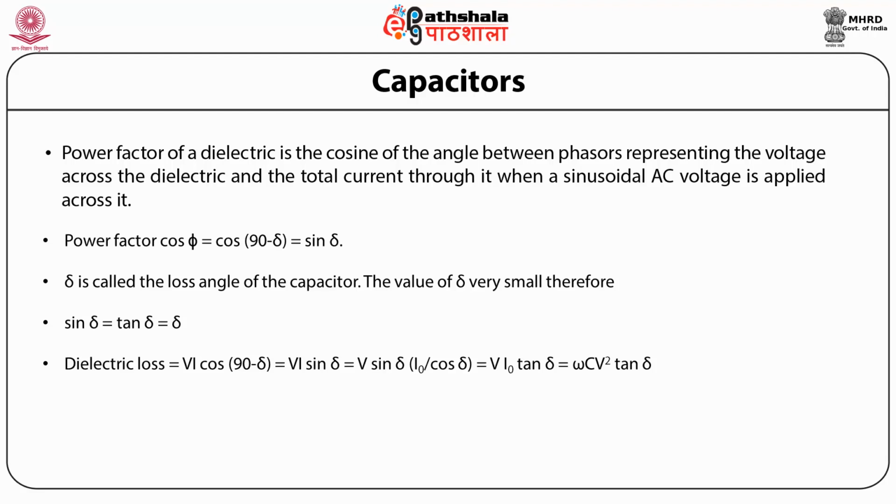Thus, the final term for the dielectric loss is given by omega multiplied by C multiplied by V square multiplied by tan delta, where I naught is equal to omega C V. Also, tan delta is equal to IR by I naught, which in turn is equal to 1 by omega CR.